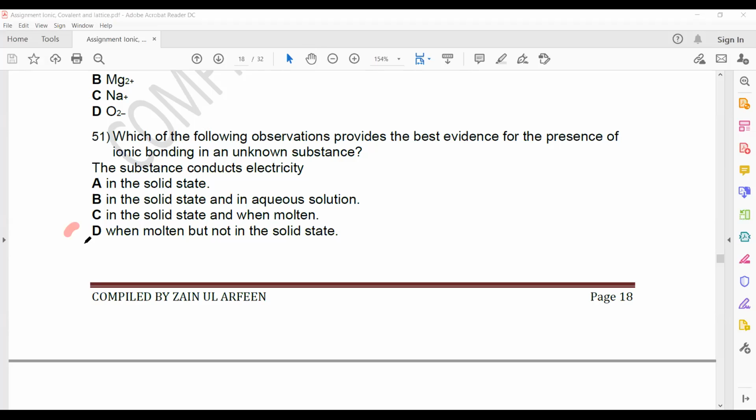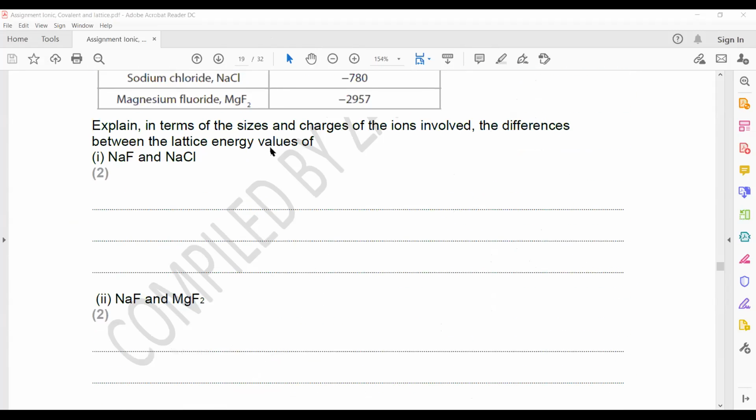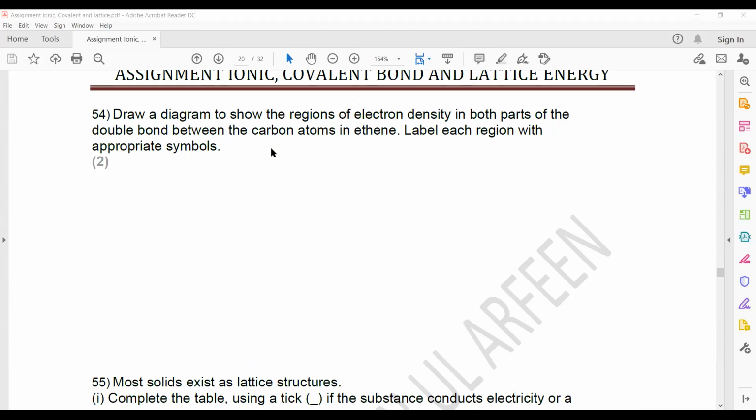That's right: the molten form conducts, but the solid does not conduct. It shows that because it is conducting, ions are there. And we predict that because in a solid, the ions are tightly packed together.